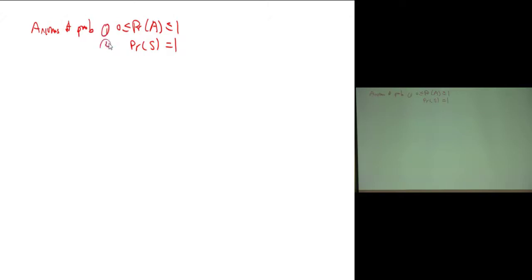So this is 1, 2, and the third one says that if you have an infinite number of mutually exclusive events, then the probability of the union of all these events is equal to the sum of these probabilities.